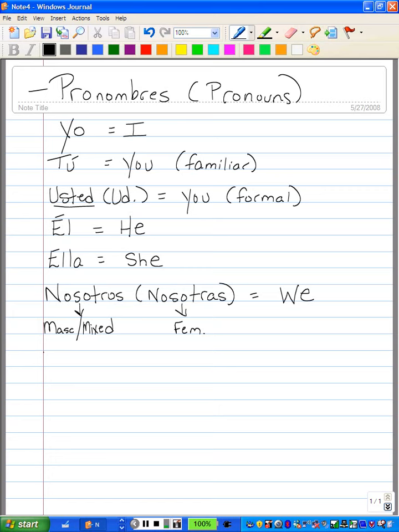Alright, then you have the words vosotros and vosotras. The same principle applies. Vosotras is feminine, vosotros is masculine, or it's a mixed group. What this literally translates as is you, plural.